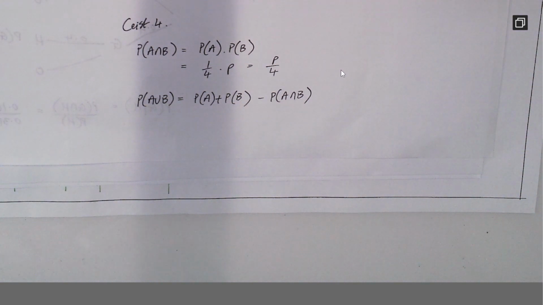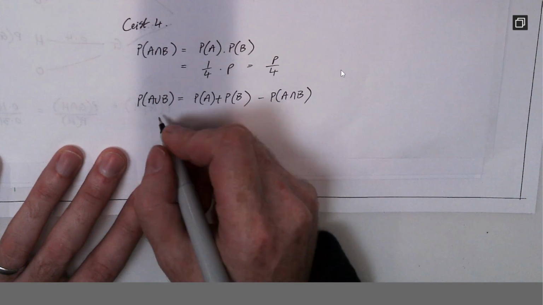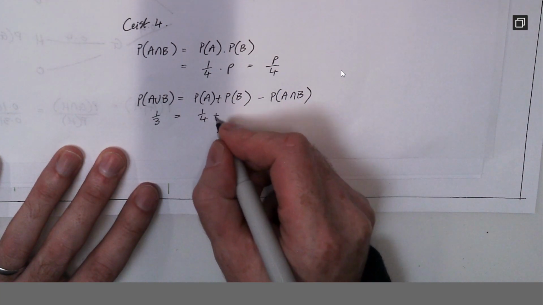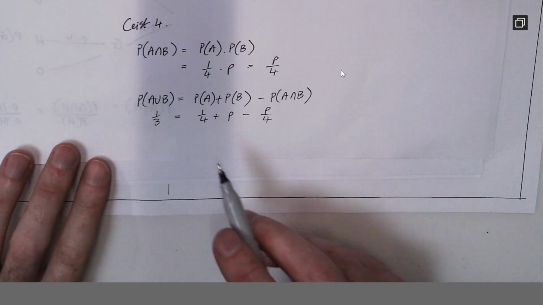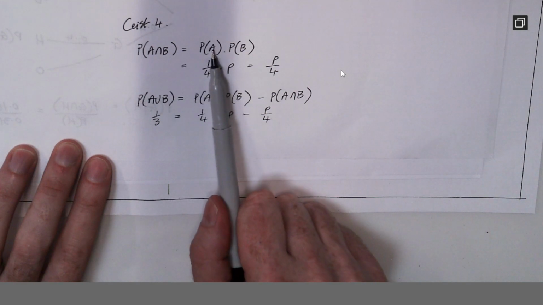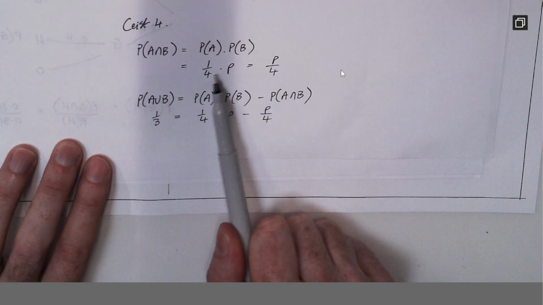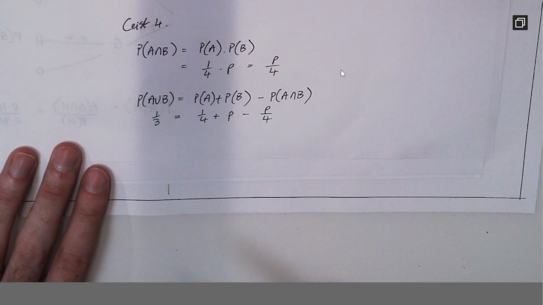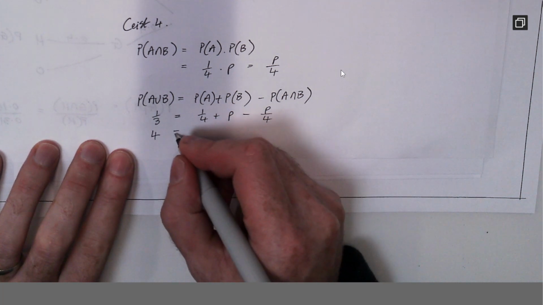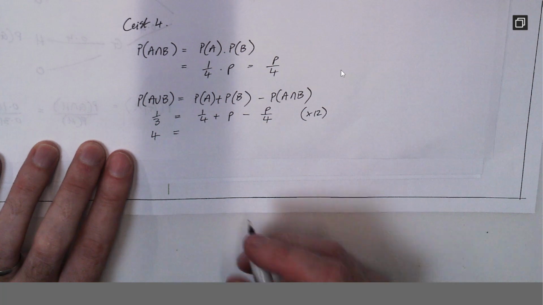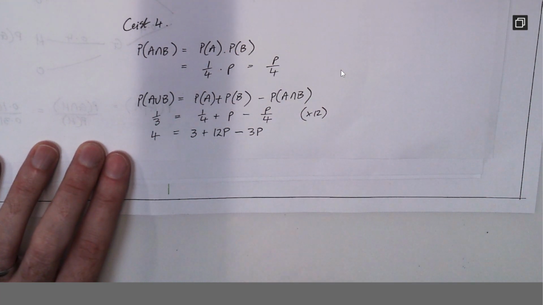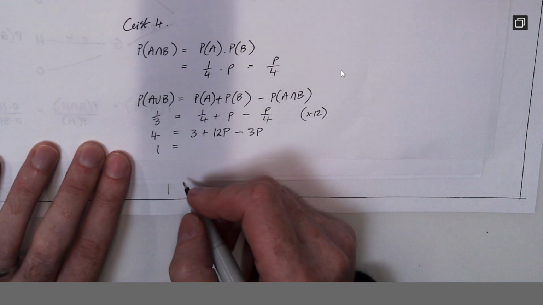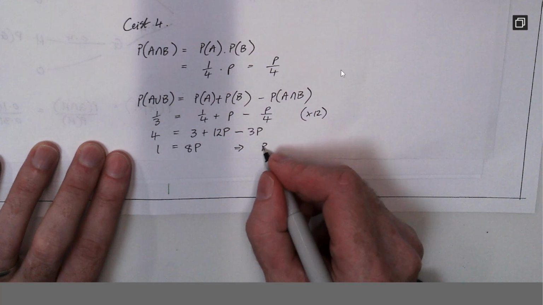The probability of A union B is a third, so it's a quarter plus P minus P over four, and solve for P. Because they're independent, the probability of A intersection B is the probability of A times the probability of B.